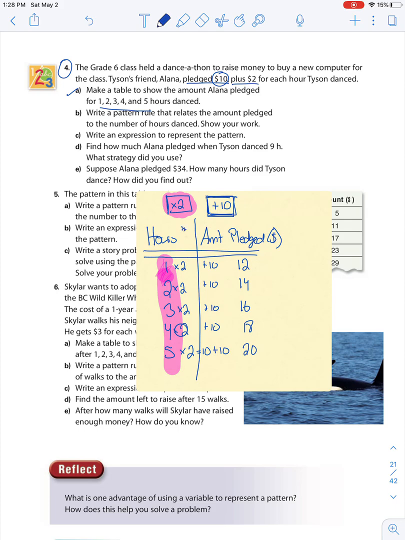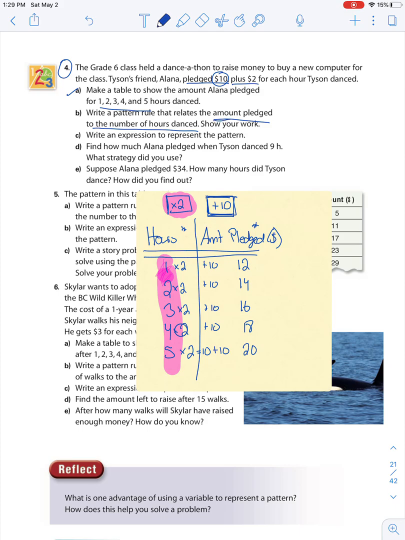The next part is please double check that you have accurate titles on your table. If you don't, just make an edit to that. Next, B is write the pattern rule that relates the amount pledged to the number of hours that were danced. Basically we're just relating the input to the output.